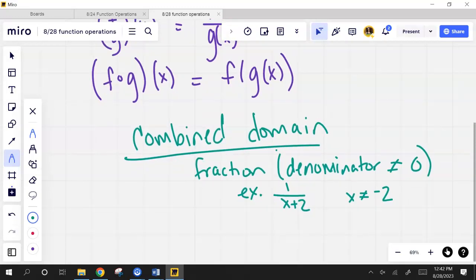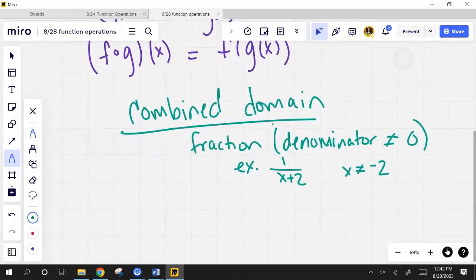What is another situation that would impact my domain? A radical. You can't have an i. Yeah, that's exactly right. No negative under a square root.